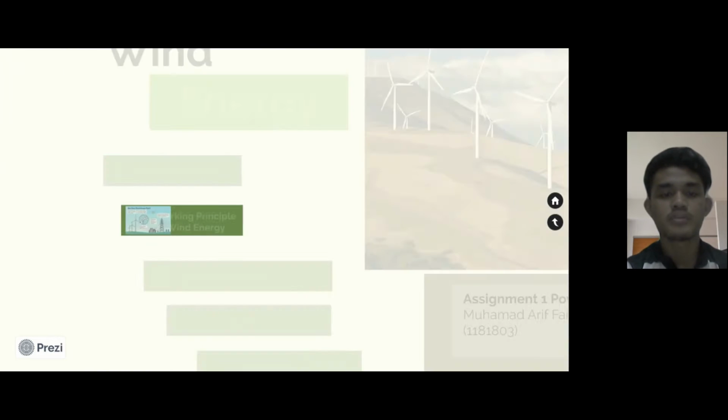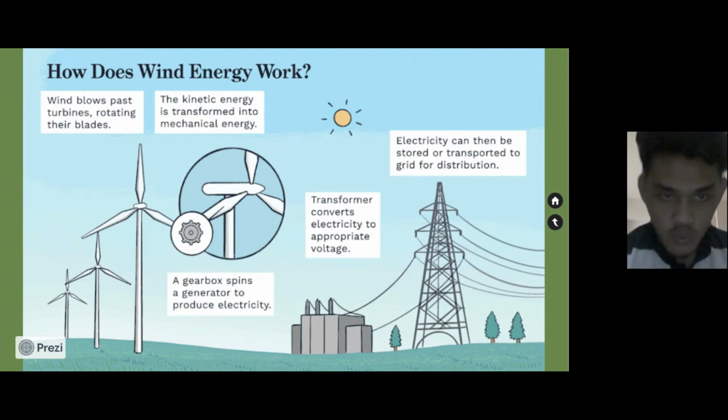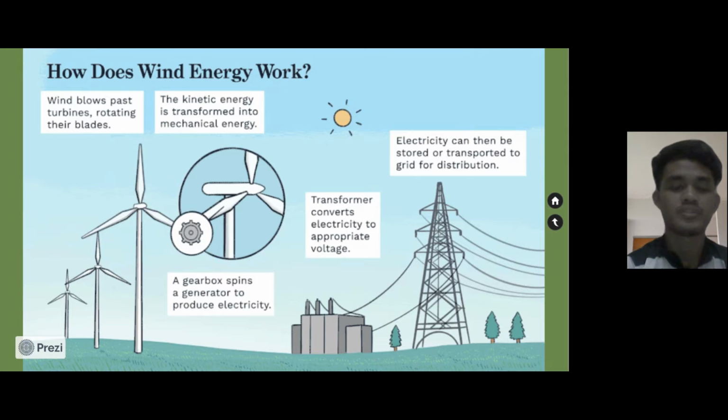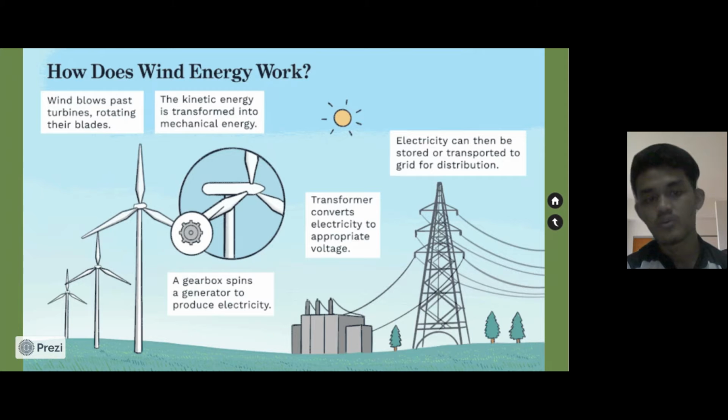Next is the working principle of the wind turbine. This is the overview: the wind blows past the turbines and rotates their blades, and the rotation of the blades produces kinetic energy.